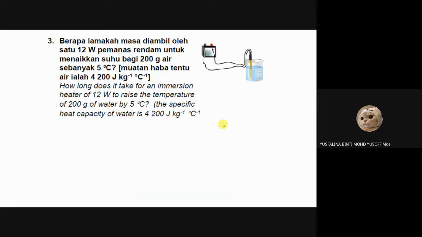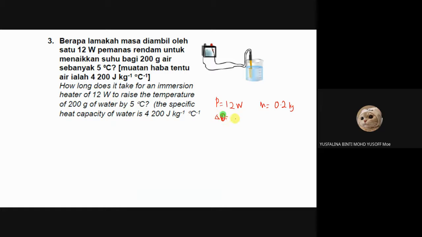Okay, for this one, let's take out first what is the info given here. So the power is 12 watt, and it's used to raise the temperature for mass 200 gram. So mass is 0.2, I just changed to kg.